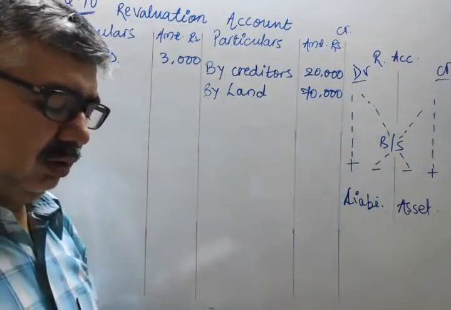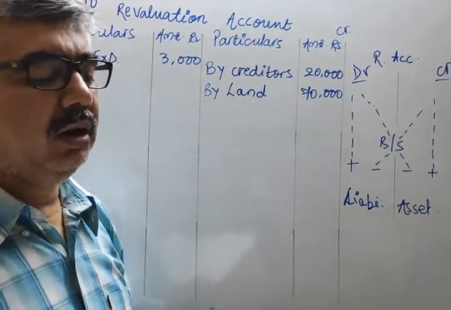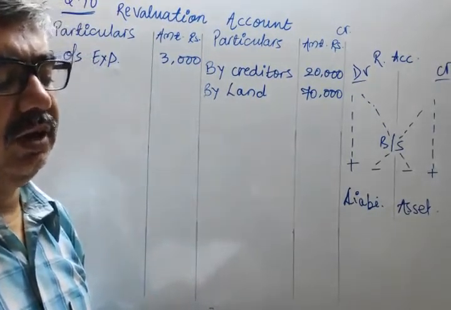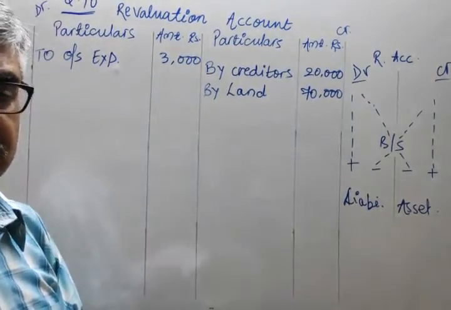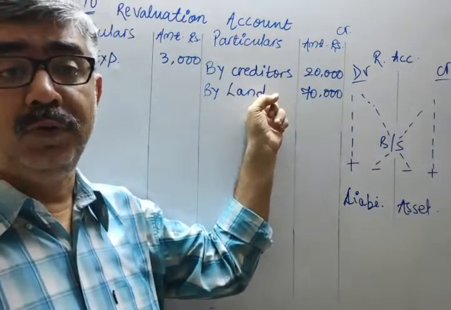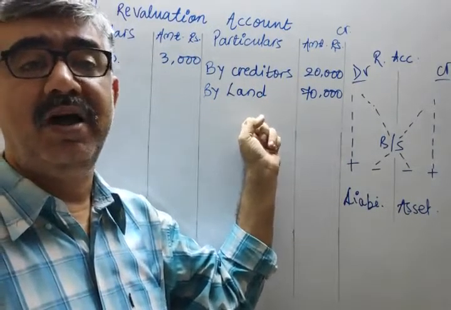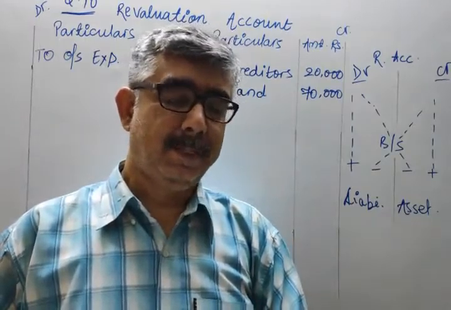Next one, that is building. Rupees 3 lakh is given, and they said it is increased by 50,000. See, in the previous one, "up to" is given. Here, "by" is given. Do concentrate.